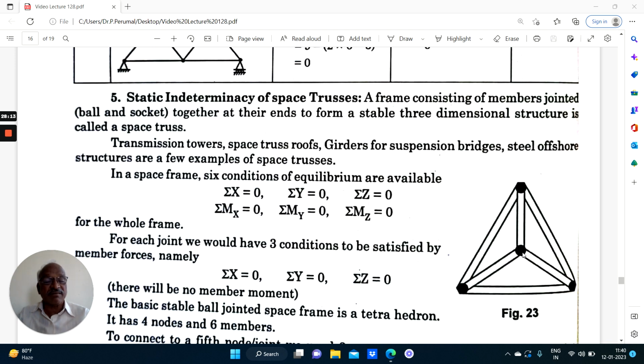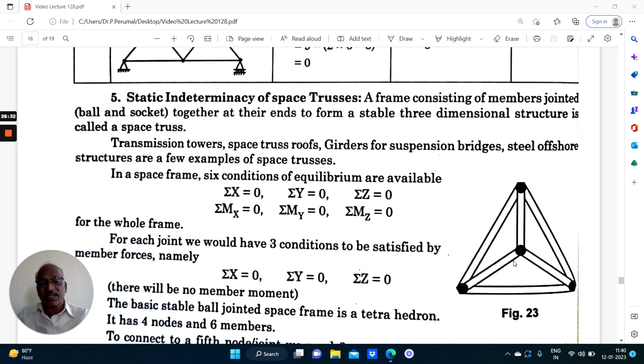This is at a higher elevation, this is at the base. So it consists of 4 joints and 6 members: 1, 2, 3, 4, 5 and 6.